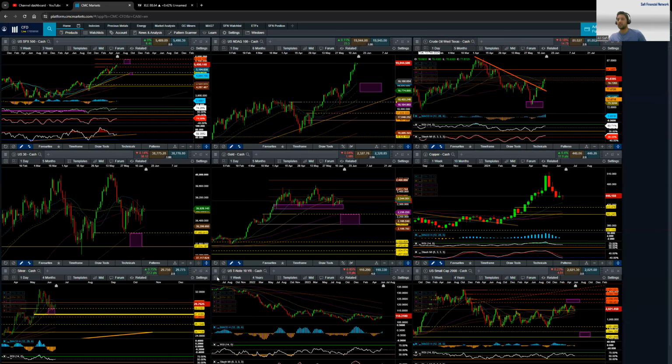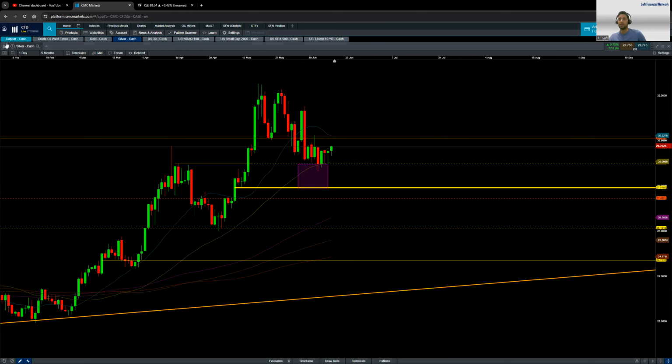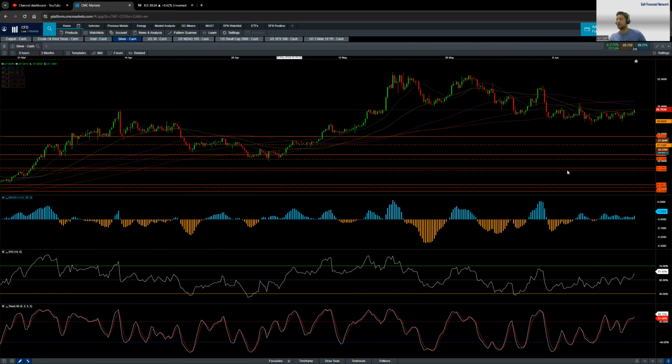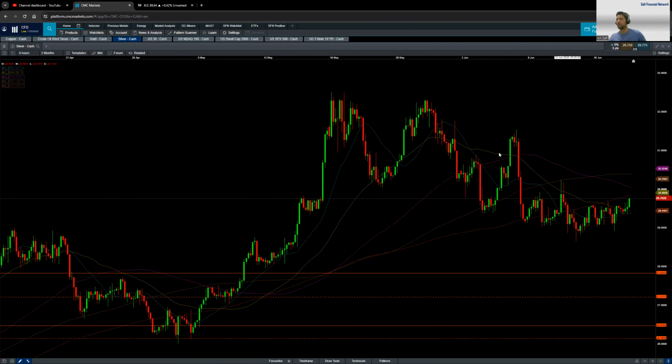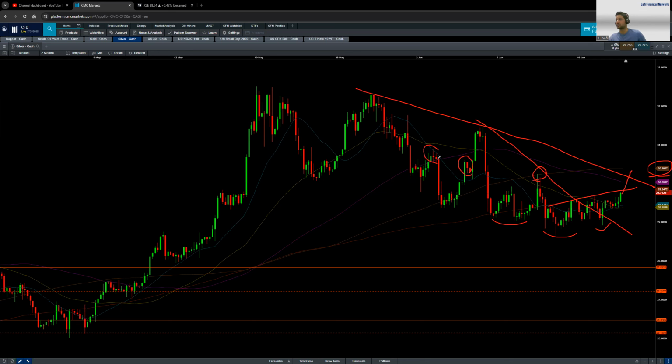Moving on to silver, which had a nice move to the upside today. Silver broke out nicely. If you go to the 4 hours chart, you can see this breakout in a smaller time frame. Silver is moving its development to the upside. It goes above this trend line. The important trend line is here. If silver goes above $30, if silver goes above these two, this is a demand area, folks.